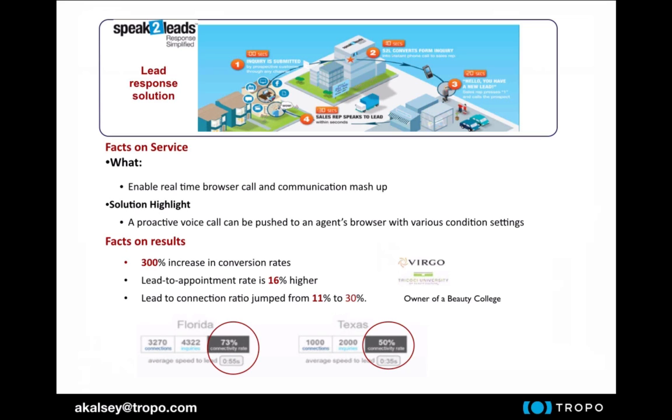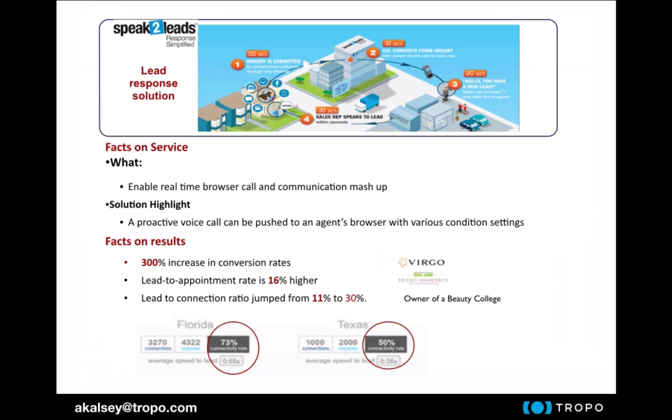That sales manager looks at it, classifies the lead, and forwards it on to a salesperson. The salesperson gets around to contacting you, and it could be hours or even days before that phone call comes in. By the time that phone call comes in, I'm not in the mood to talk about auto insurance. I might be in the car or in a meeting or something like that. So the response rate can be very, very low on those types of leads.